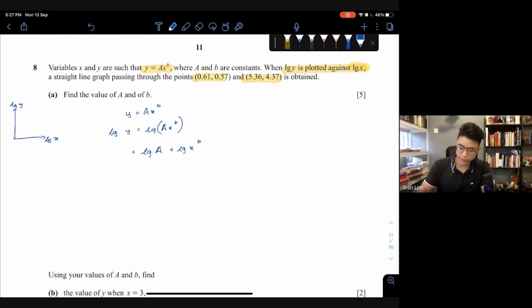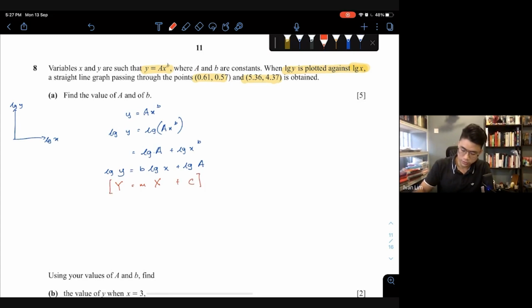Your b, you can use the power rule, bring it down. I shift it here so that we can write it in the form y equals mx plus c. Can you recognize this form? Y equals mx plus c.